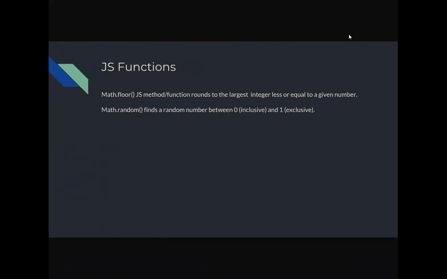And I noticed that in your presentation, Christopher, you used the Math.floor function. Is that right? You were talking about this in one part of your code. Yeah. To be honest with you, I don't really know what the floor method does.